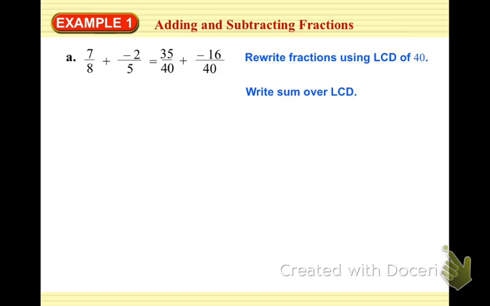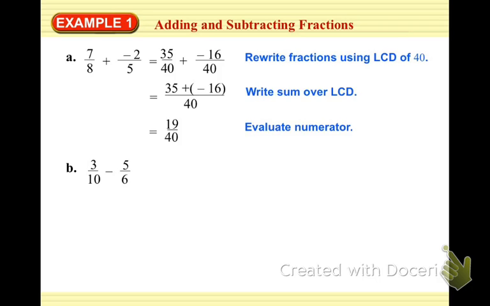Then you're going to write your sum over the common denominator, because we are only working with the numerator at this point when we have a common denominator. 35 plus a negative 16, unlike signs, means we'll actually subtract them, and then our answer will be positive. So 19 out of 40, and it's already in simplified terms.